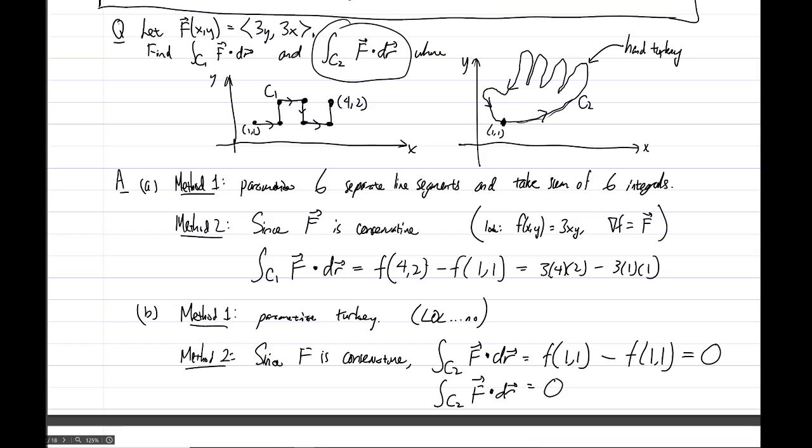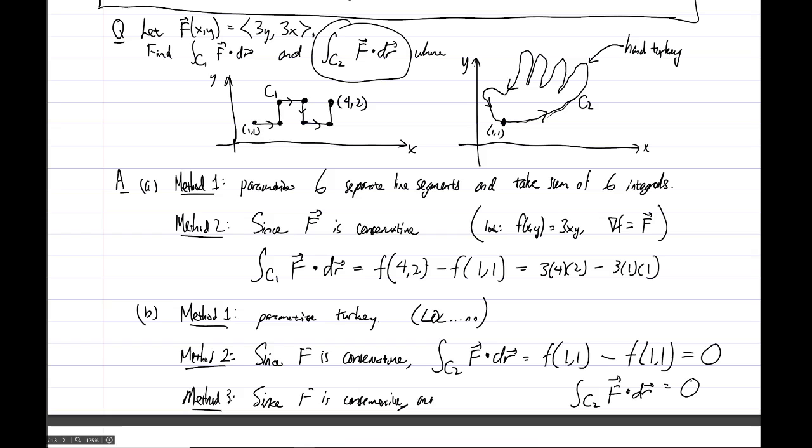So in fact, let's call this a third method. Method 3. Since F is conservative and C2 is a closed curve, we have this.